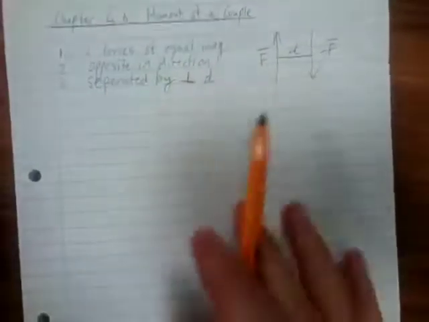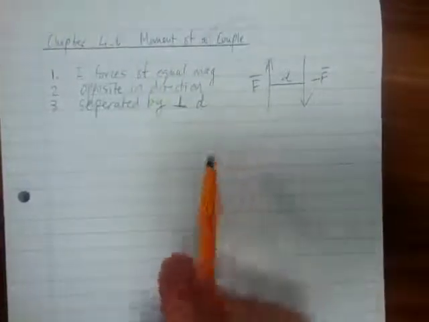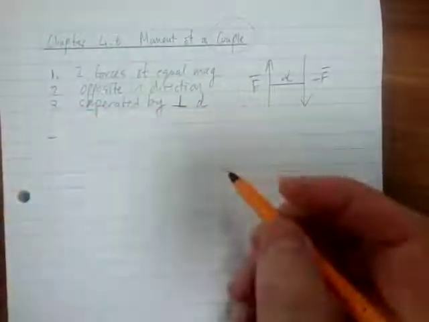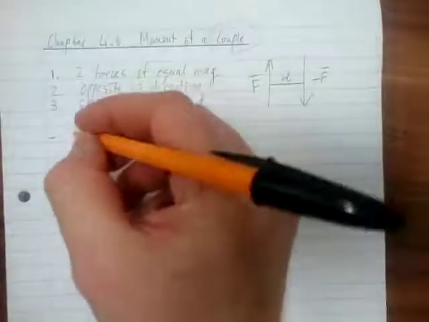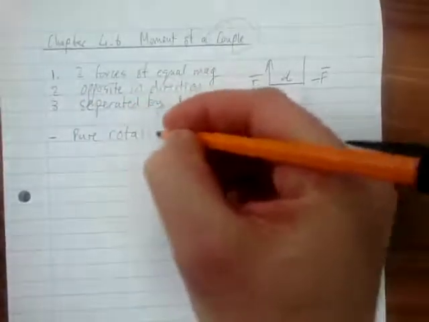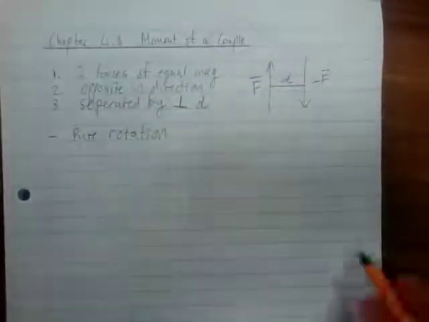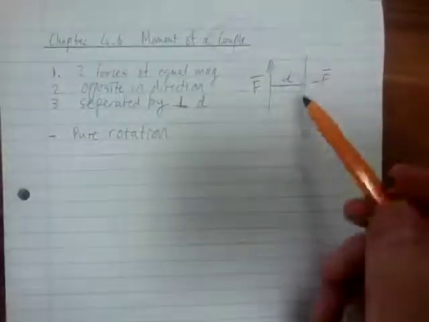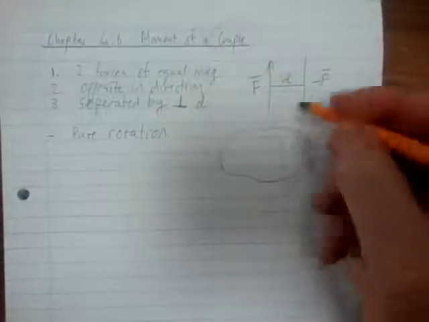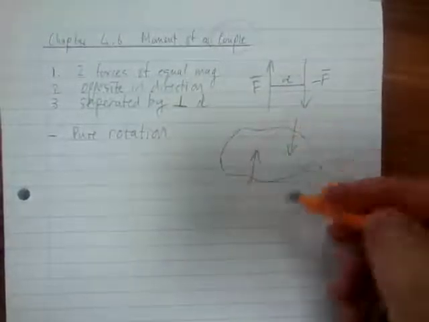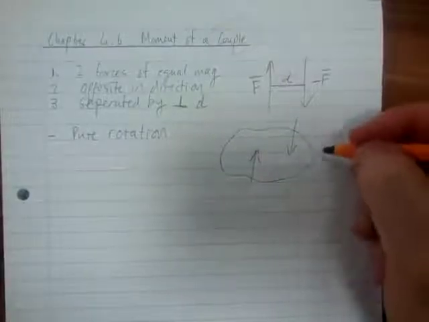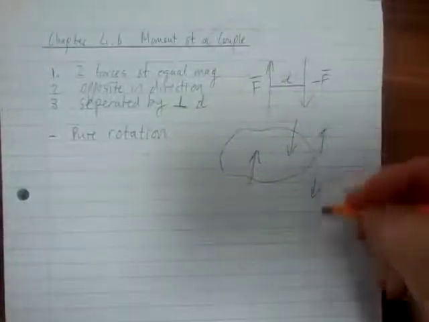A couple is simply defined by these three things. Now, the next thing I want to mention is that a couple produces pure rotation. What do we mean by this? If we've got a body here and there are these two forces F, these two forces do not cause the body to move in that direction.